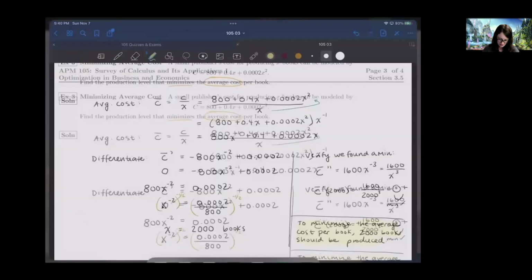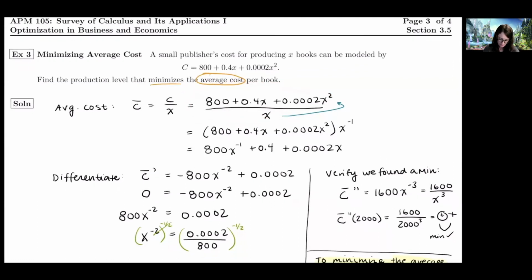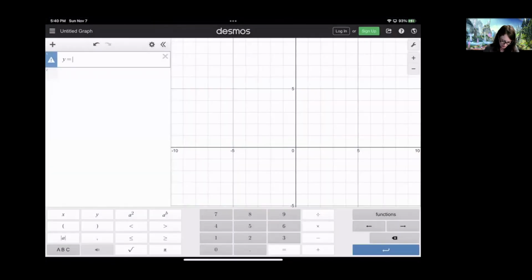So let's see, we can graph either one. I'm going to do this one: parentheses, 800 plus 0.4x plus 0.0002x to the second. We'll close our parentheses, and that's all divided by x.